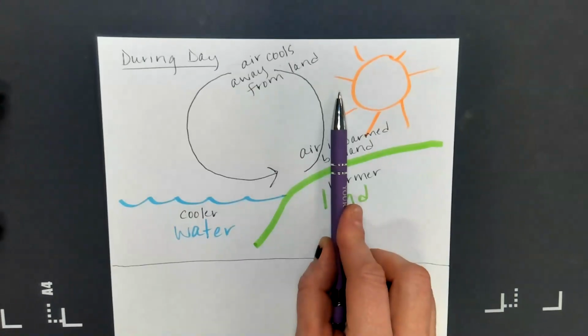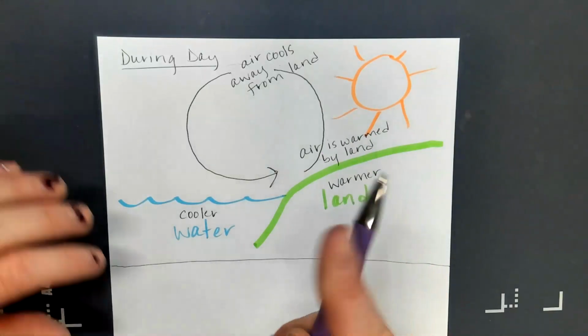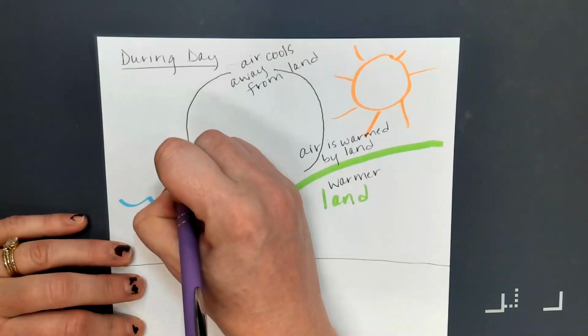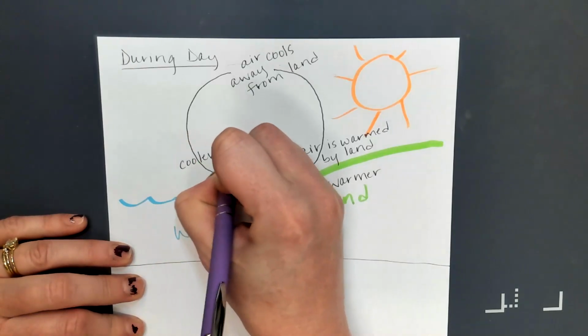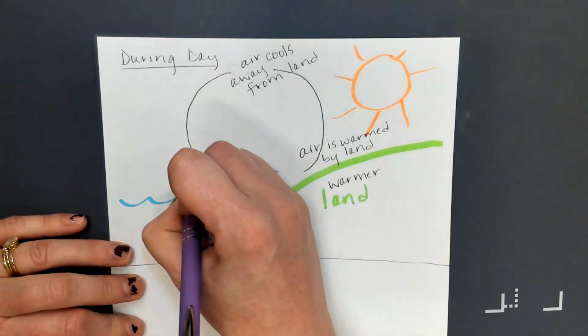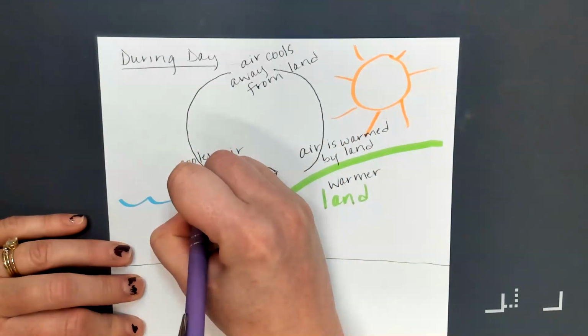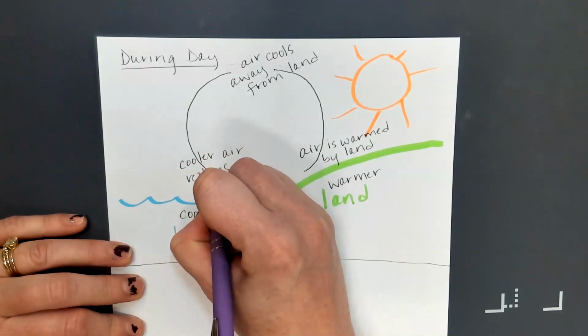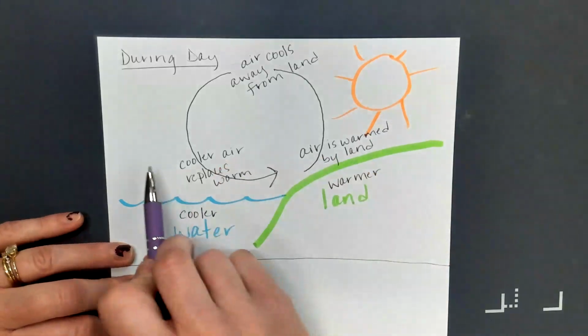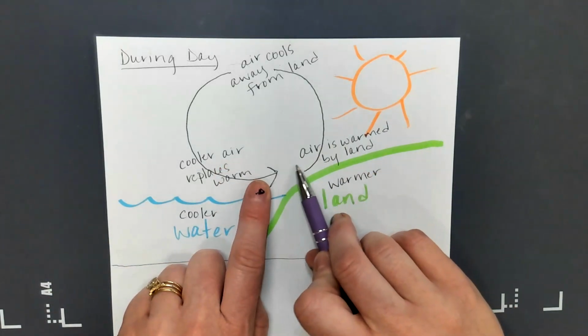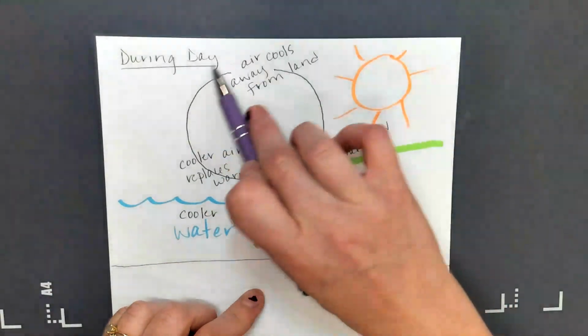Wind. So the cooler air is going to replace this warm air, and it's going to rush in and replace this air that's leaving. And it's just going to make this constant cycle.